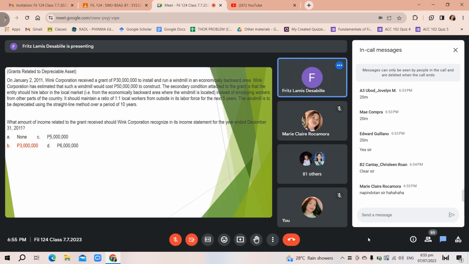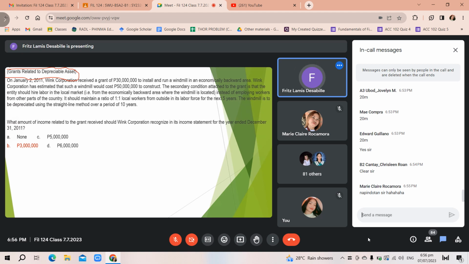Next. This one is grant related to depreciable asset. On January 2, 2011, Wink Corporation received a grant of 30 million to install run a windmill. So kanina sad, ingon ni government kay magpataod siya og windmill nga mag-manage po siya sa windmill in an economically backward area.